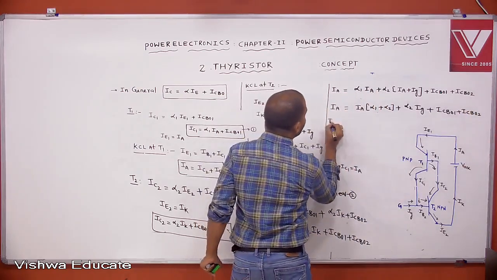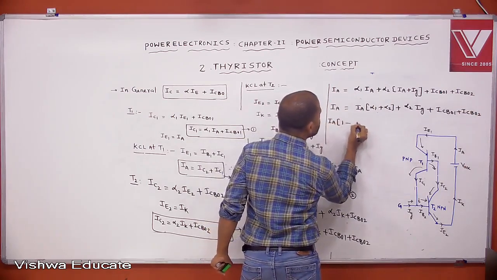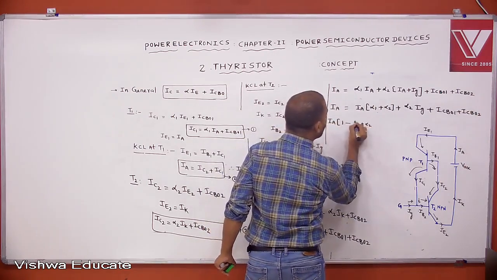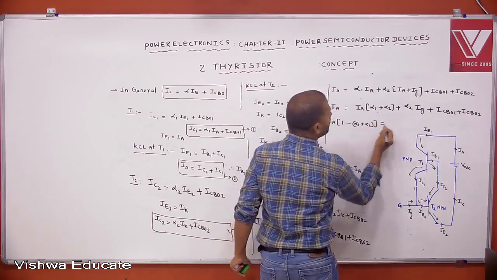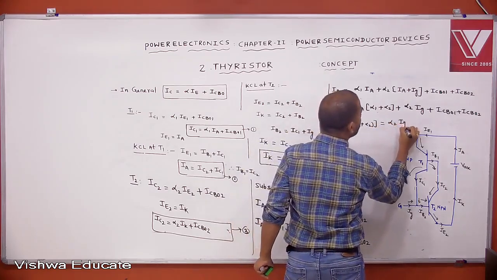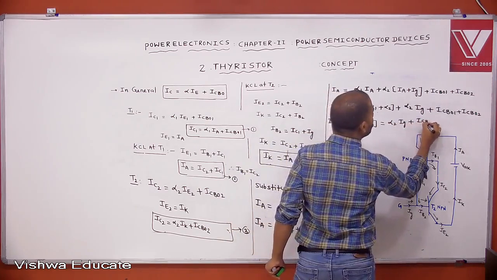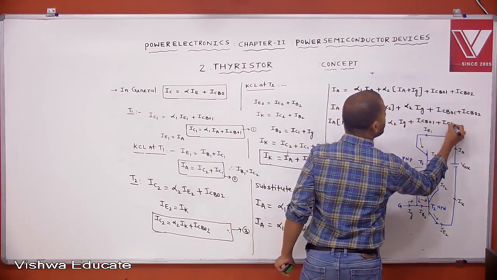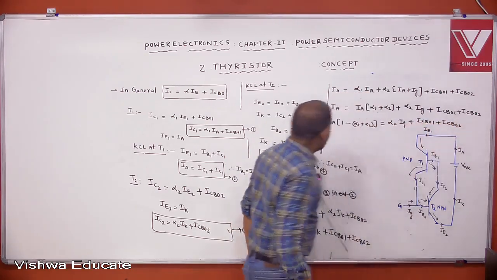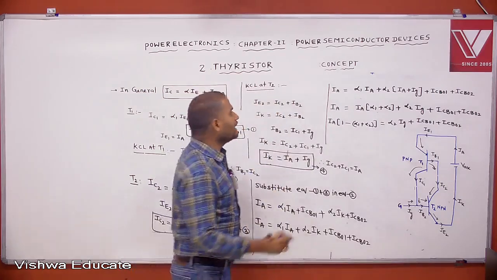Then take IA common here: IA equals alpha 1 plus alpha 2 times IA plus alpha 2 IG plus ICB01 plus ICB02. Then taking IA common, IA times 1 minus alpha 1 plus alpha 2 equals alpha 2 IG plus ICB01 plus ICB02.